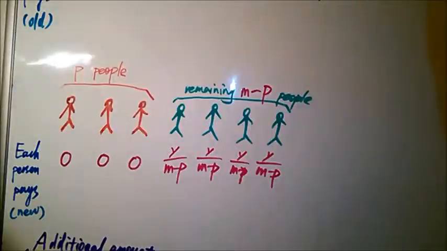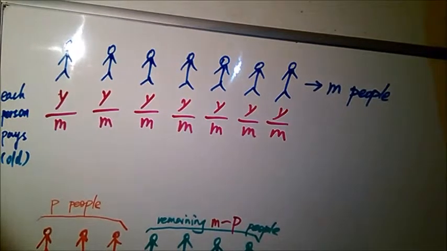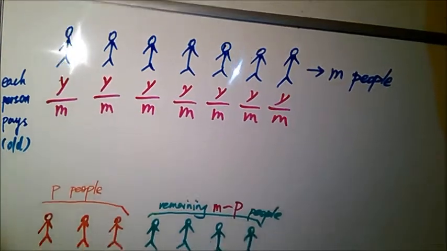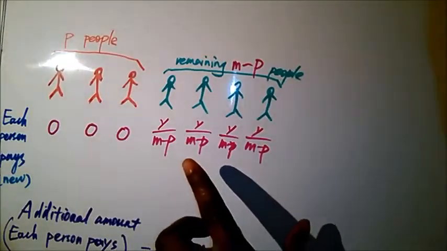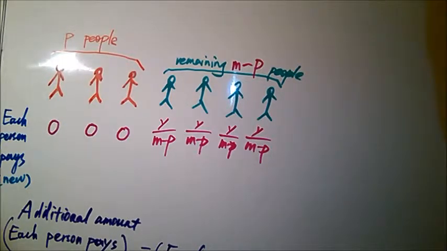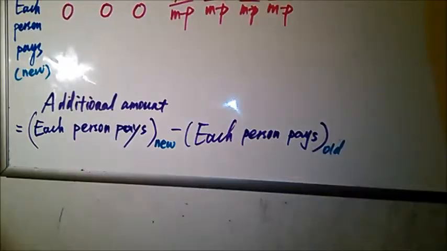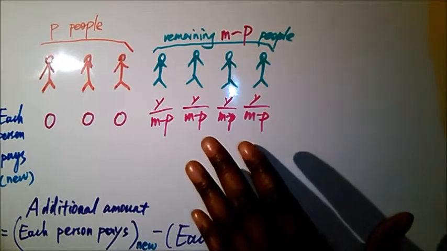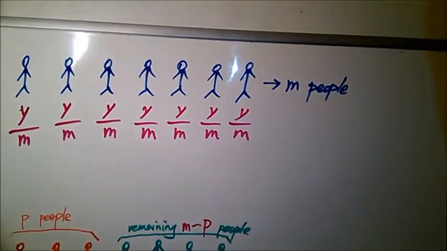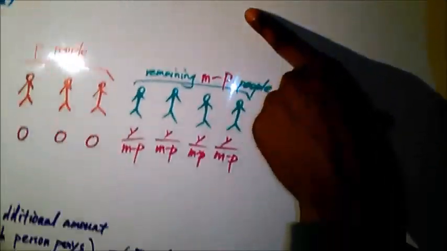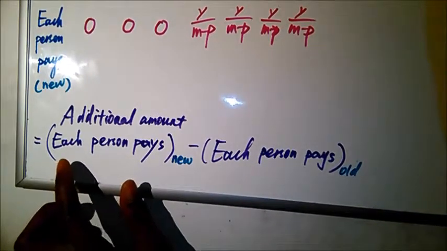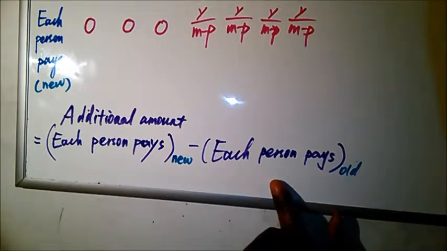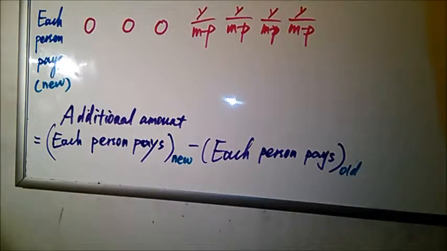Since we already have the number of dollars that each person must pay, and the number of dollars that the remaining people have to pay, we're going to subtract the amount that each of these remaining people have to pay now minus the amount that each person had to pay before. And the equation should look like this.